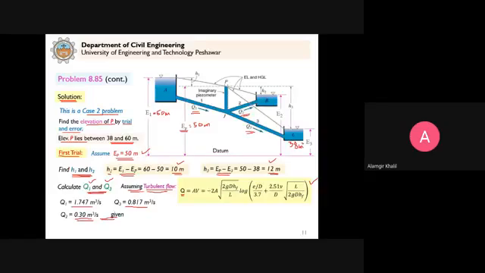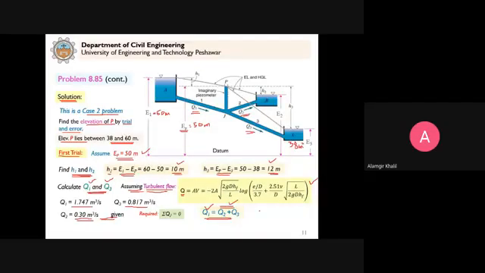So now we can apply the continuity equation. The requirement is that the sum of inflows minus outflows at J must be equal to 0. Because Q2 is into B, the continuity equation that we have to satisfy is that Q1 should be equal to Q2 plus Q3.